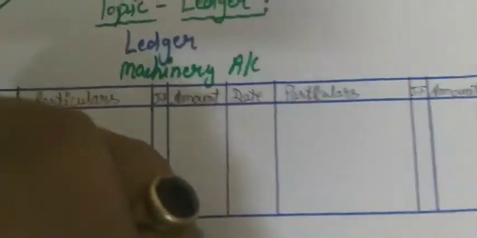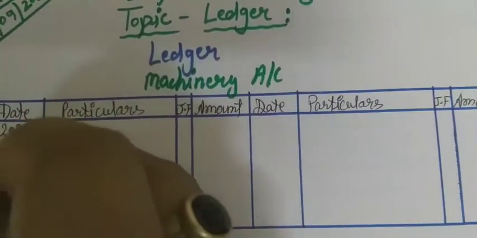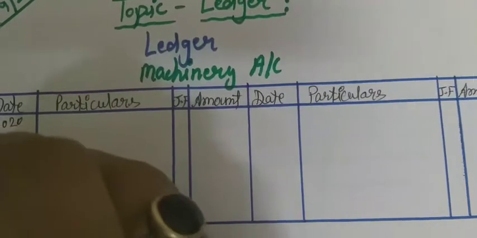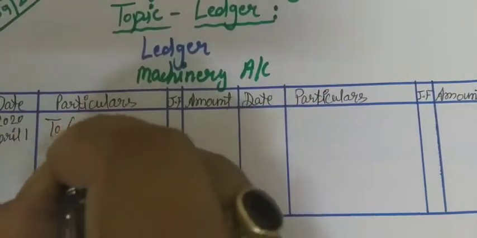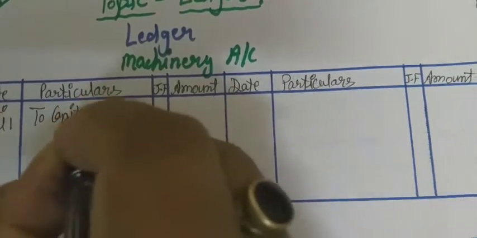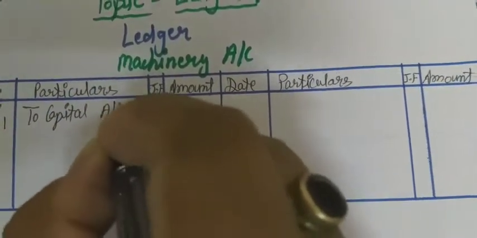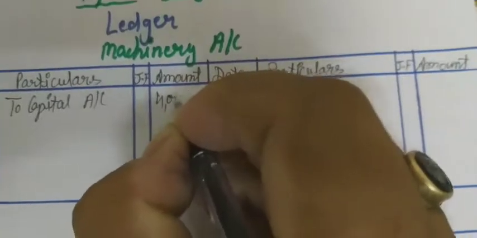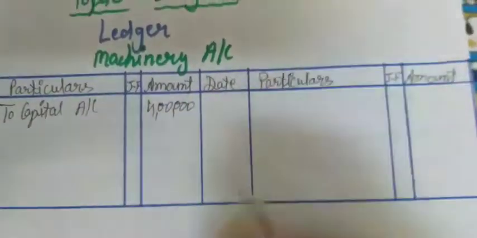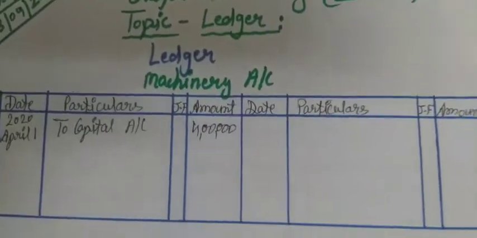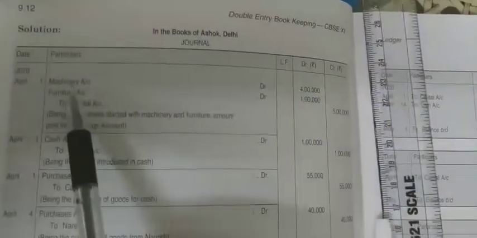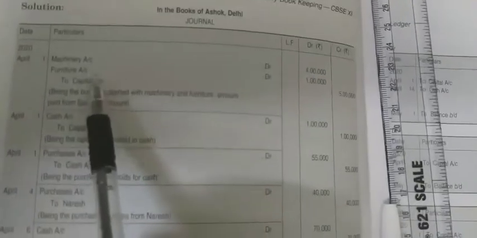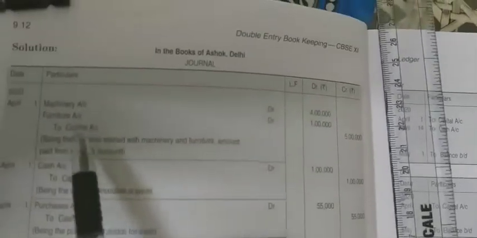So on the debit side, first I write the date, 1st April, and to capital account by rupees 4 lakh. Is there any other machine account entry in the given journal entries?